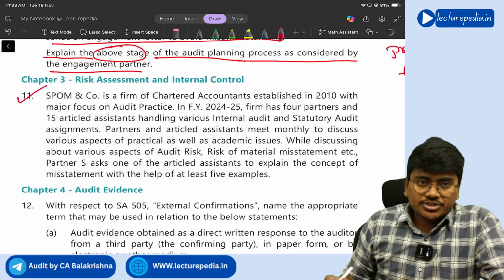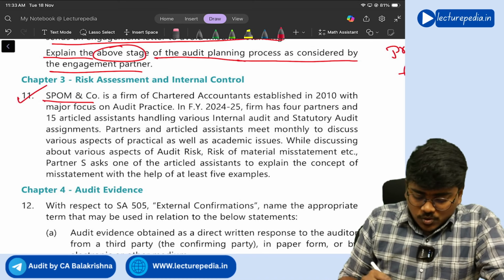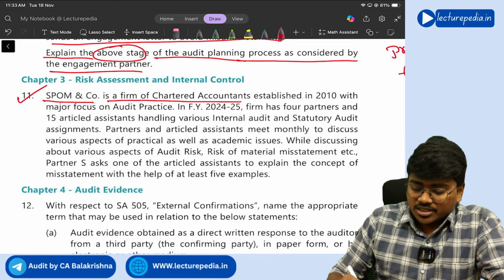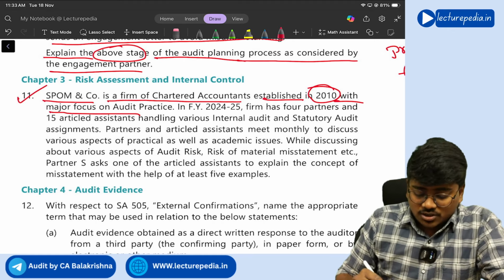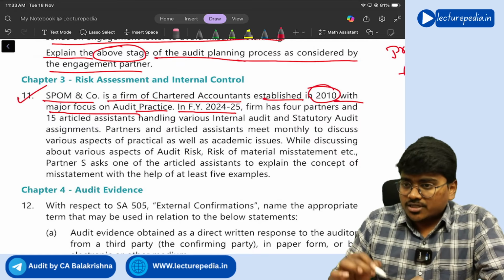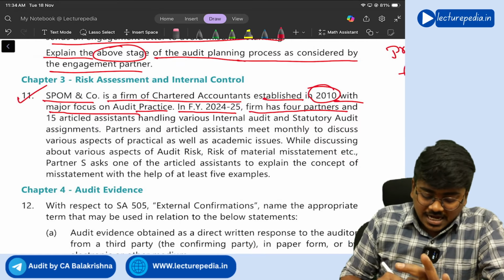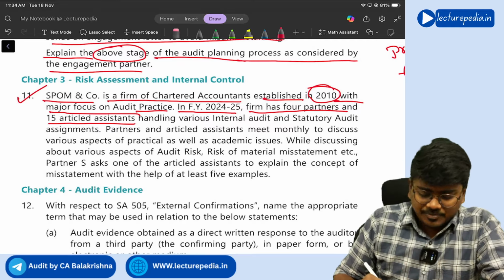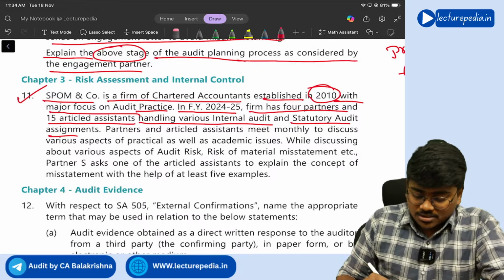Next, question number 11. SPOM and Co. is a firm of chartered accountants established in 2010 with major focus on audit practice. In financial year 24-25, the firm has 4 partners and 15 article assistants handling various internal audit and statutory audit assignments.